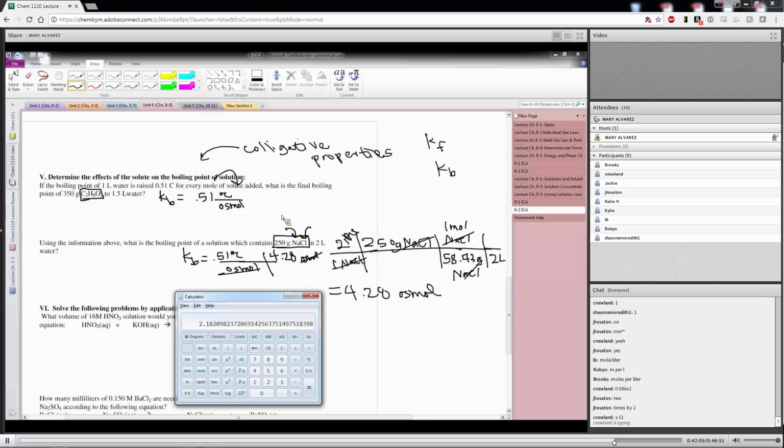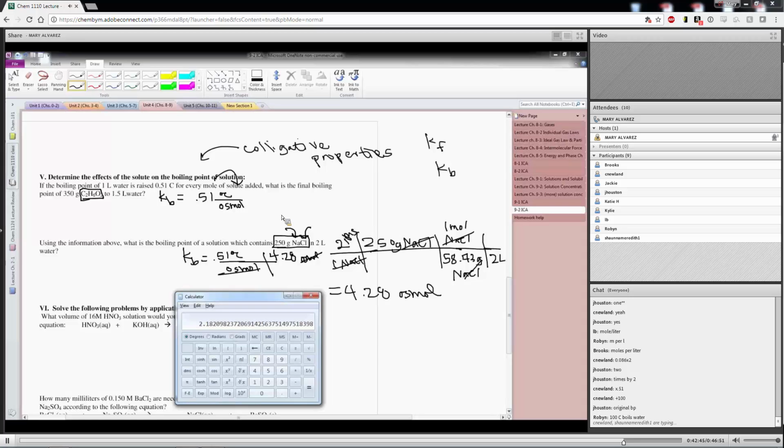Now the question isn't what's the change, but what the final boiling point is. So there's one other, yes, exactly, Candace. You have to add 100. Why did you add 100? 100 degrees Celsius is the original boiling point of pure water.